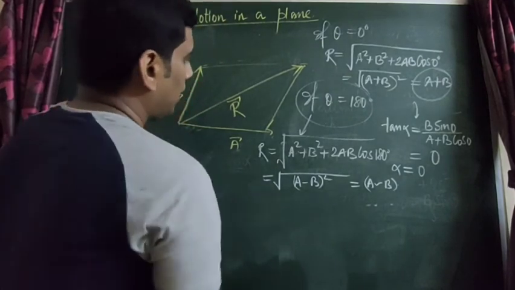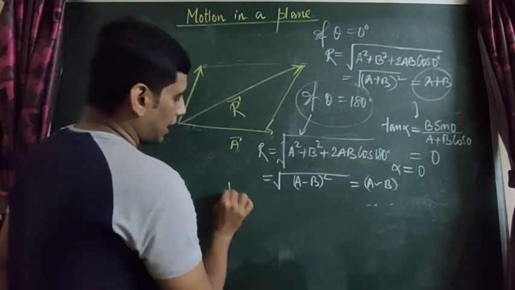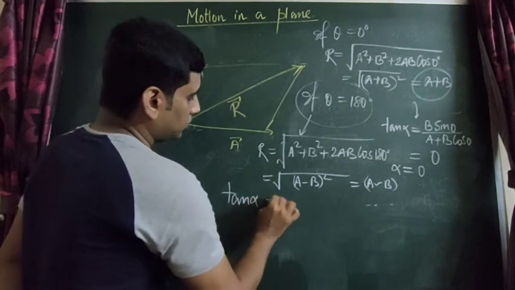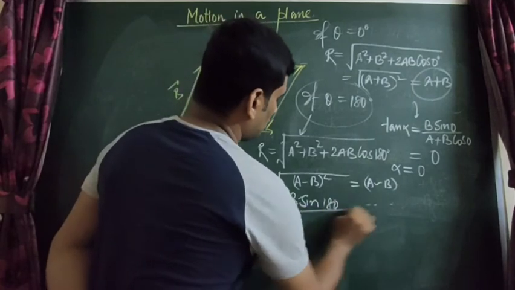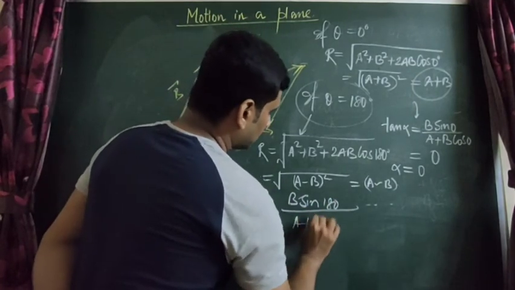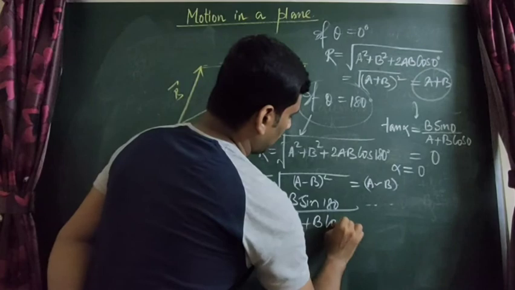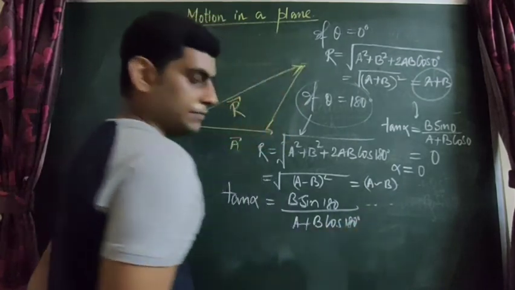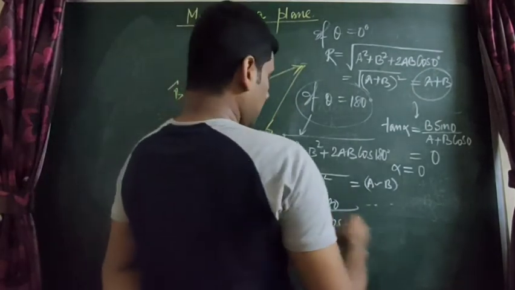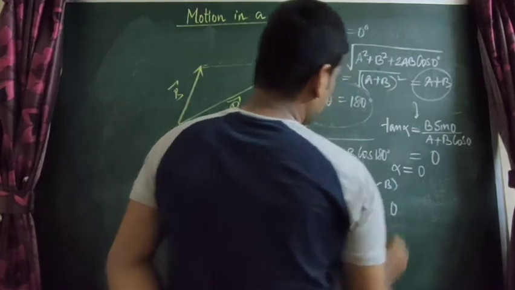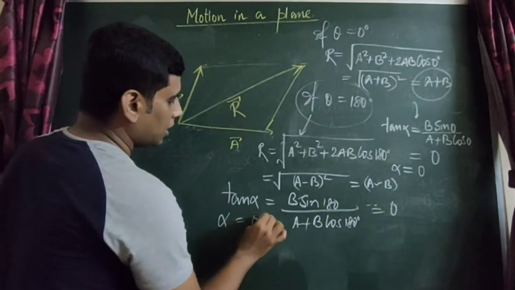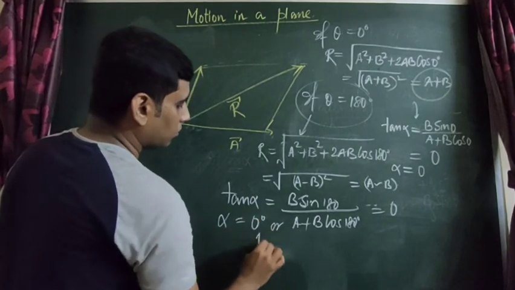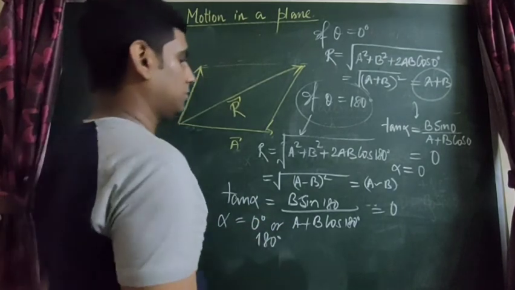And what is the angle then? Tan alpha equals b sin 180 by a plus b cos 180. I am just putting the value of theta. This means alpha is 0. So in this case alpha can be either 0 degree or 180 degree.